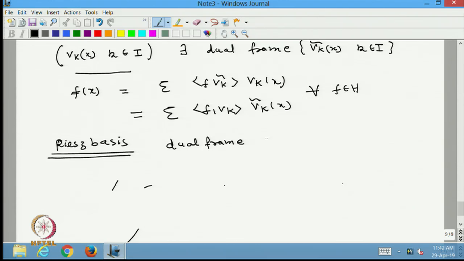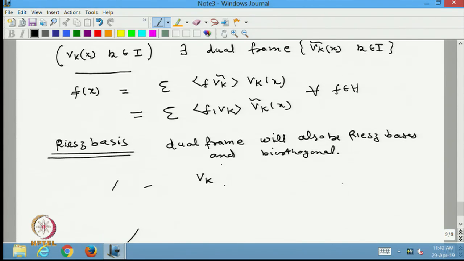Dual frame: if frames are a Riesz basis, the dual frame will also be a Riesz basis and biorthogonal. And what is this property, biorthogonality?